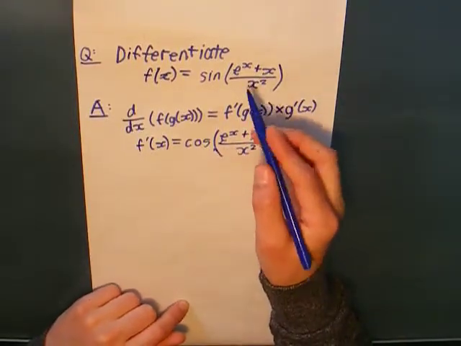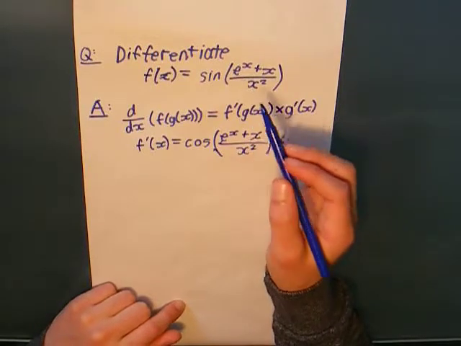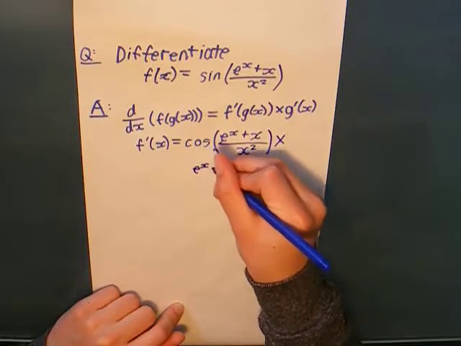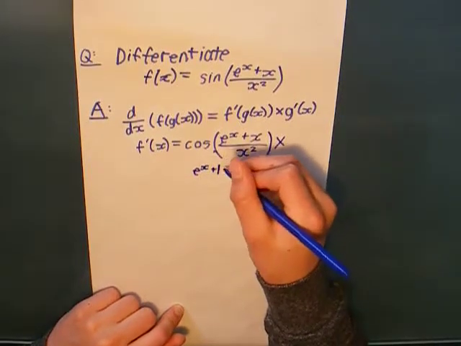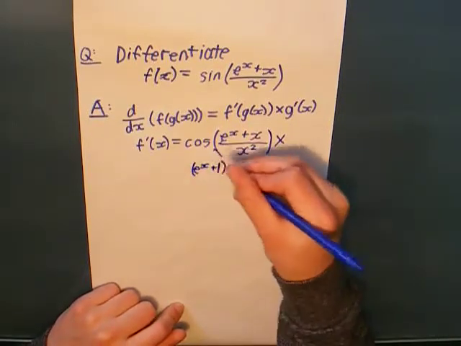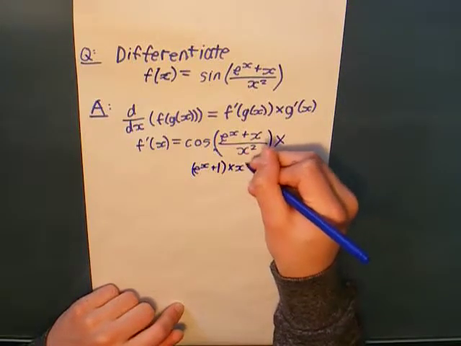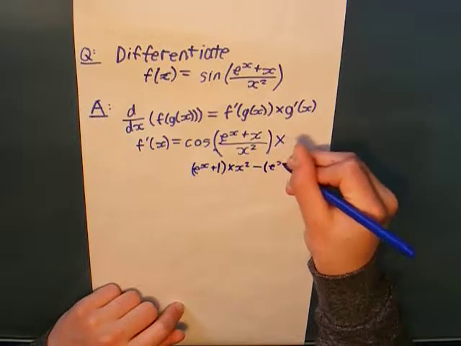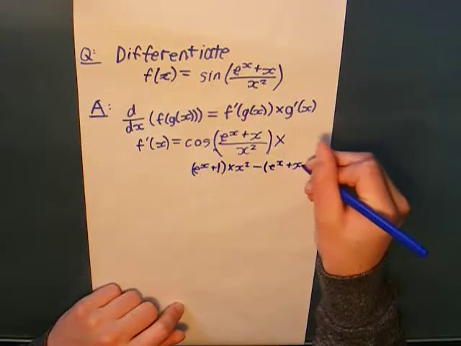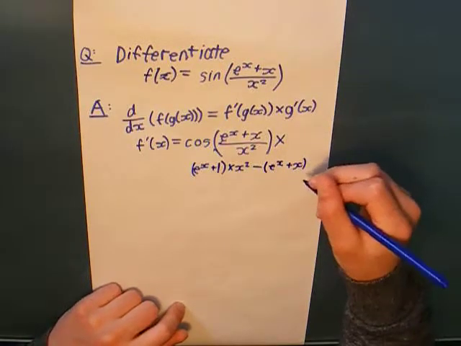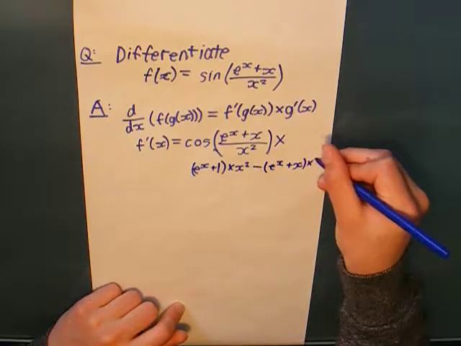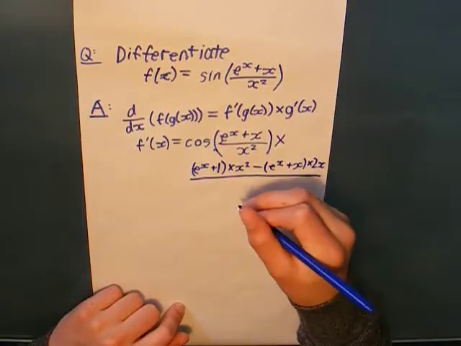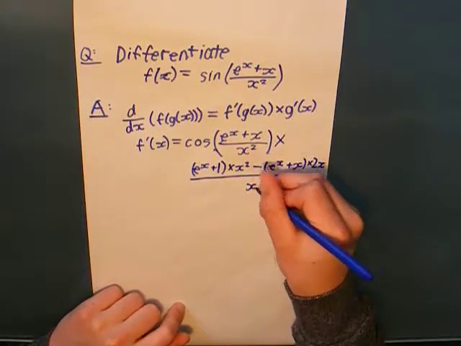Now the derivative of e to the x is e to the x, and the derivative of x is 1, so it's just (e to the x plus 1) times x squared, then minus the numerator times the derivative of the denominator, which is just 2x, all over the denominator squared, x squared, which is just x to the 4th.